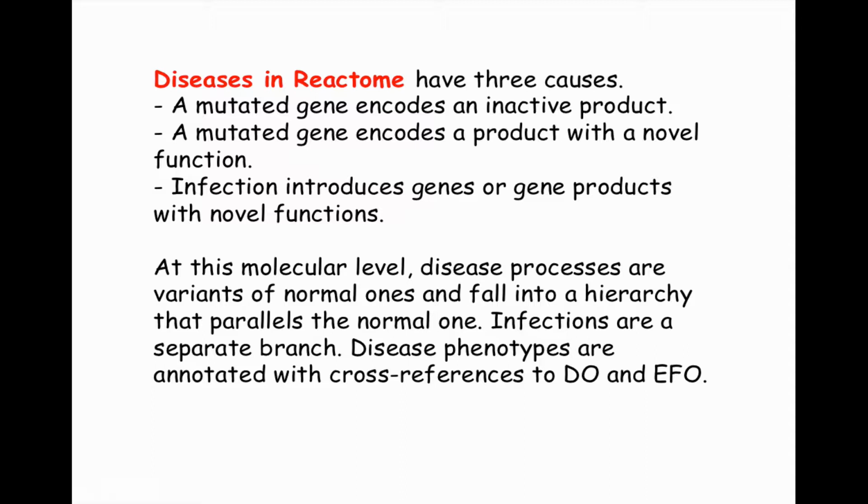It's also possible, because our hierarchy is a directed acyclic graph, not a strict hierarchy, for a user to build a parallel hierarchy that is organized by disease rather than by molecular process. We haven't done it. Someone who wanted to could dump the entire database and content and build such a thing.